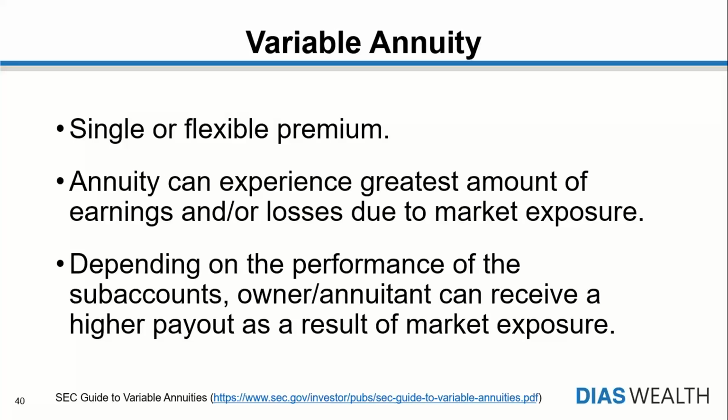Well, essentially, your accumulated value, which is the other side of the formula, can grow a lot higher because it's exposed and at risk. And so in a time period, it can grow a lot higher than the income account value, which essentially will give you a higher income payout.